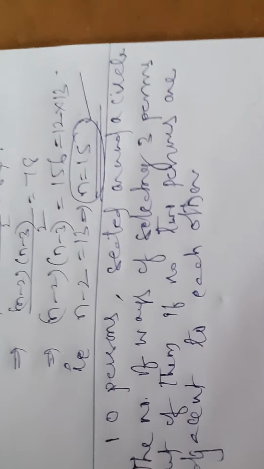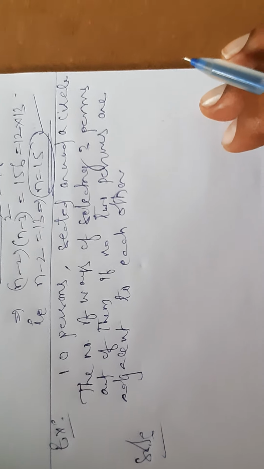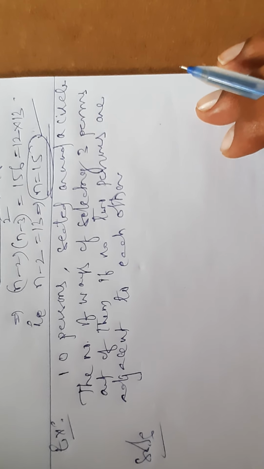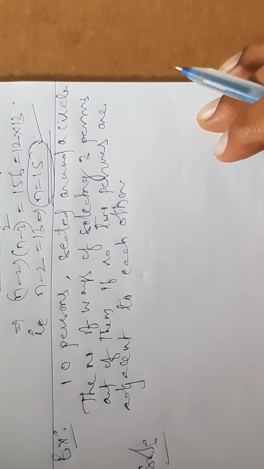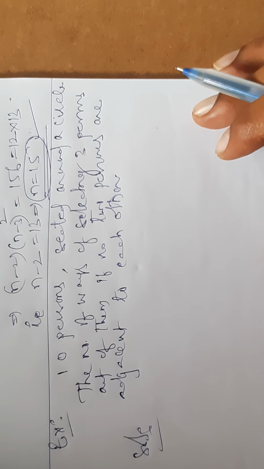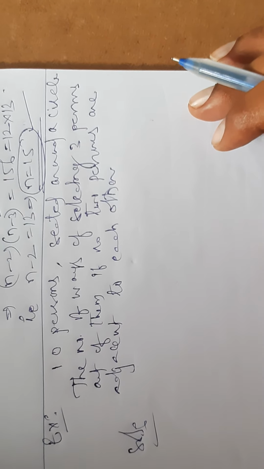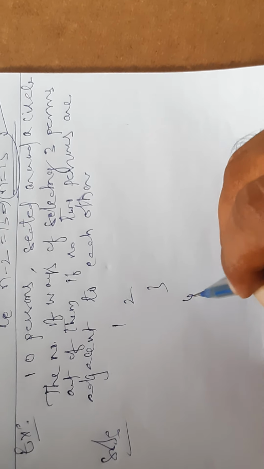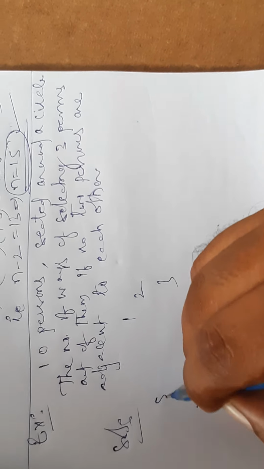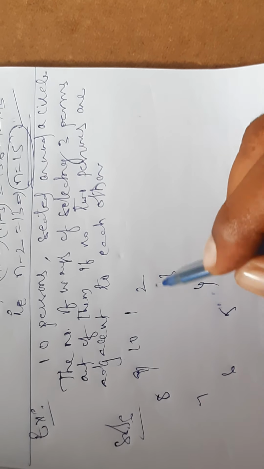For example, 10 persons are there. Those 10 persons are seated around a circle. The number of ways of selecting 3 persons out of them if no two persons are adjacent to each other. So 10 persons are there: 1, 2, 3, 4, 5, 6, 7, 8, 9, 10, like this.